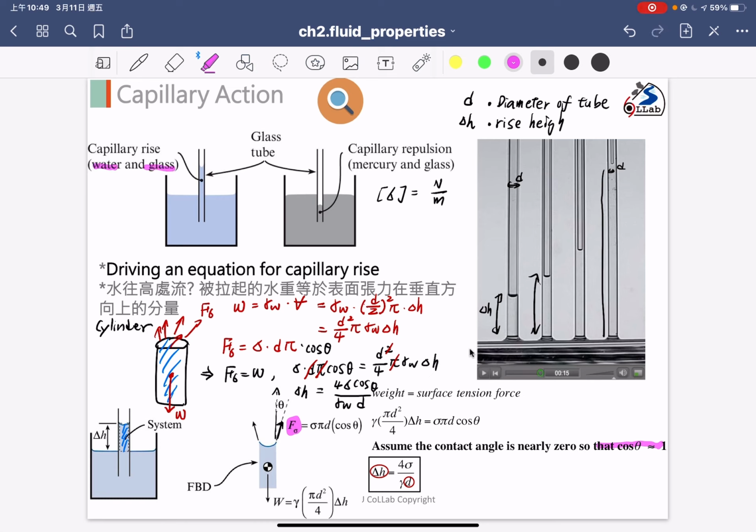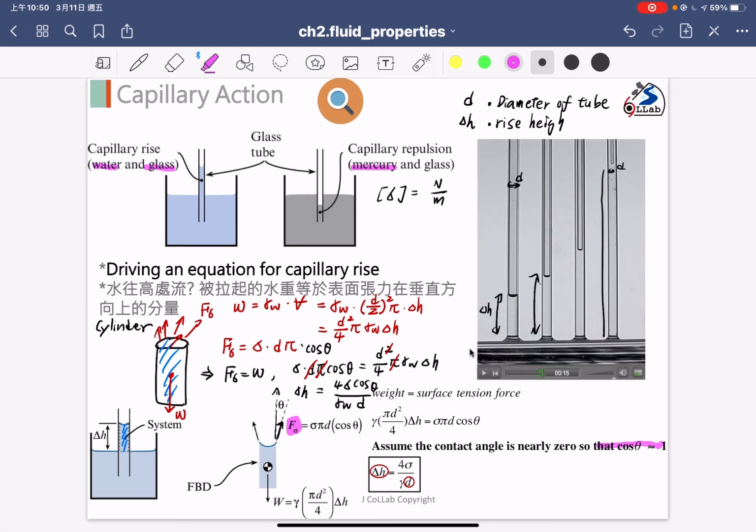If you change the water to mercury, the phenomenon totally changes. The mercury cannot rise; it goes downward. That's because you need to compare different properties: the first is adhesion, and the second is cohesion.